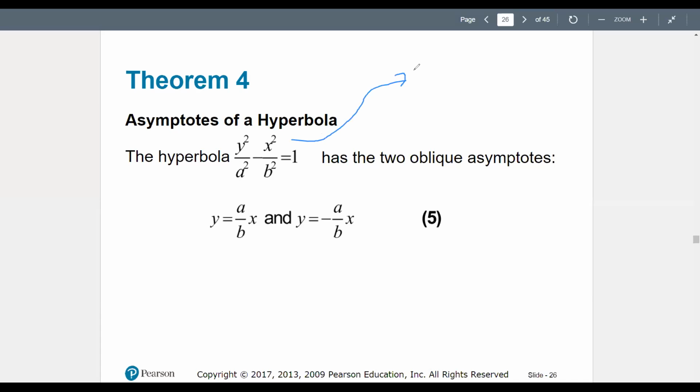Well, we're going to add x squared over b squared to both sides.